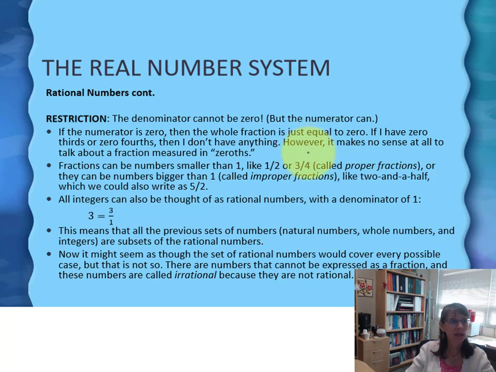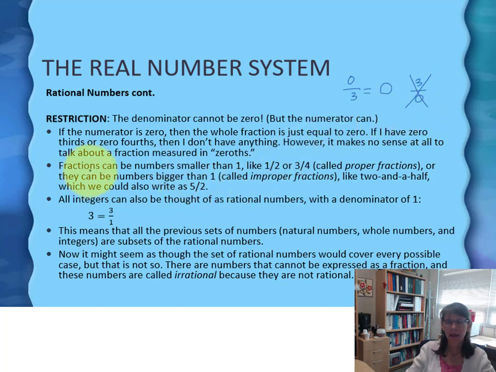However, it makes no sense at all to talk about fractions measured in zeroths. So 0 thirds simplifies to 0. If I had 3 divided by 0, that would be undefined, so we're not using division by 0.